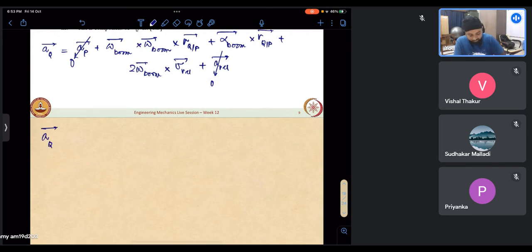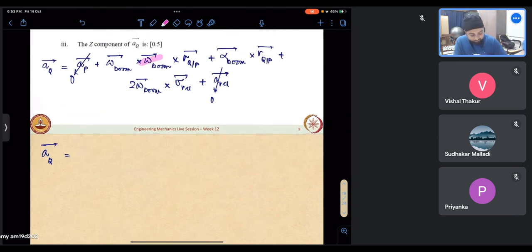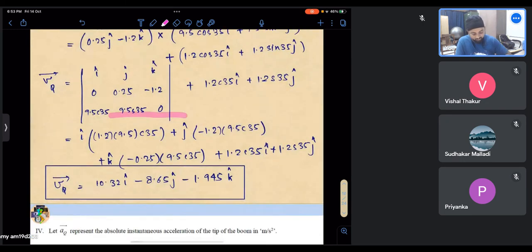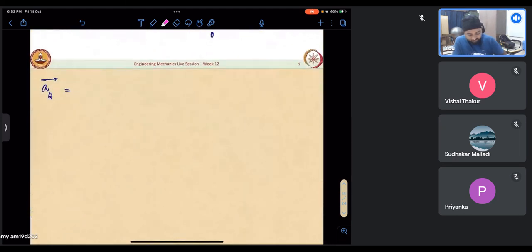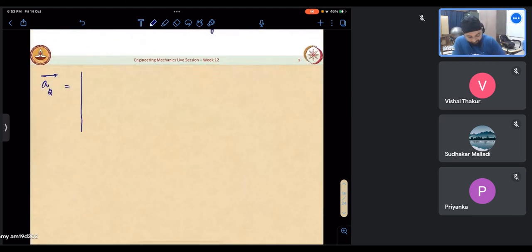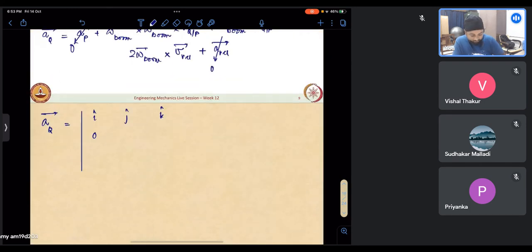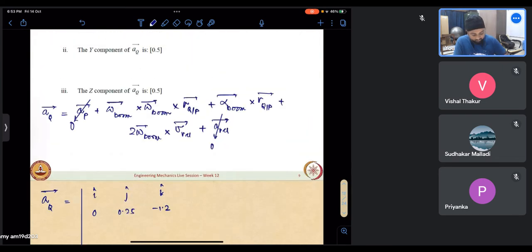AQ is, so this quantity we have already calculated. That is, we have calculated it here. This is that quantity. So I will not write it again. I, J, K. My omega is 0, 0.25, minus 1.2. And then I have this.